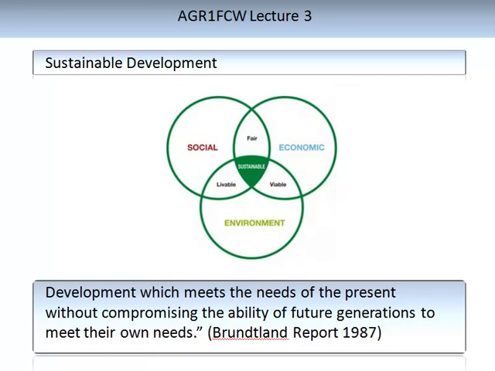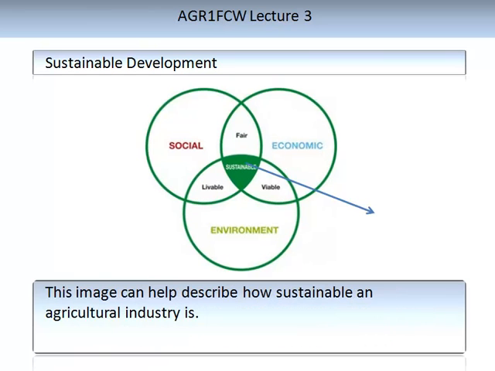Another important aspect of sustainability that we're going to add in now is that it needs to fulfill the needs of both current and future generations, or it can be said to obtain generation equity. You can use this image and definition of sustainability to actually quantify or state how sustainable an agricultural industry is.